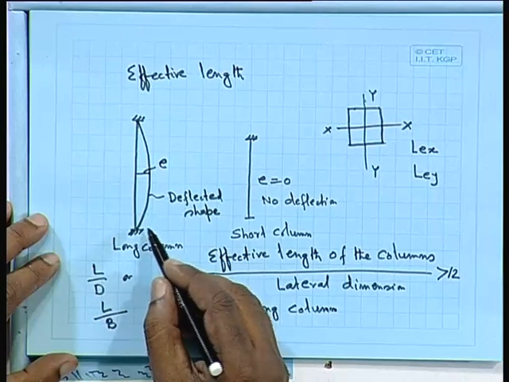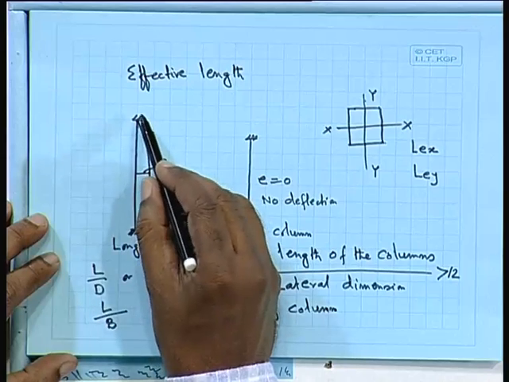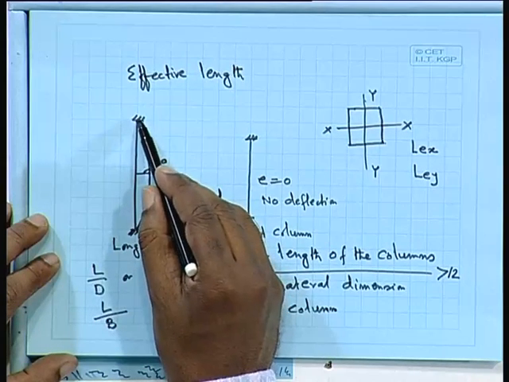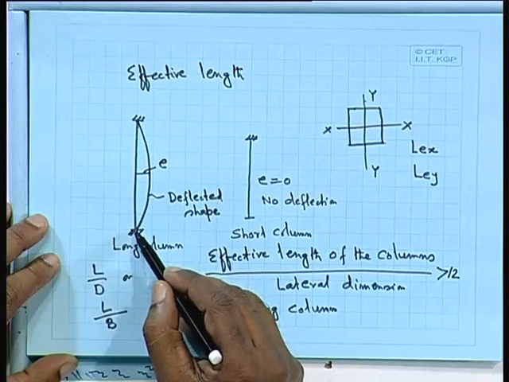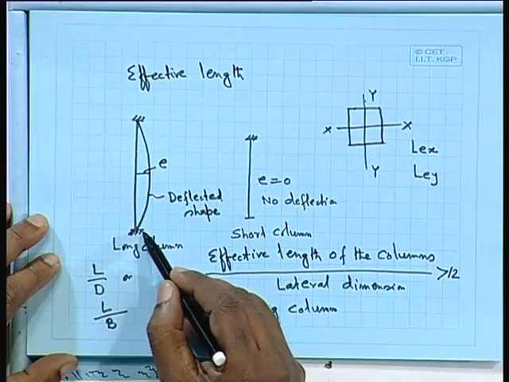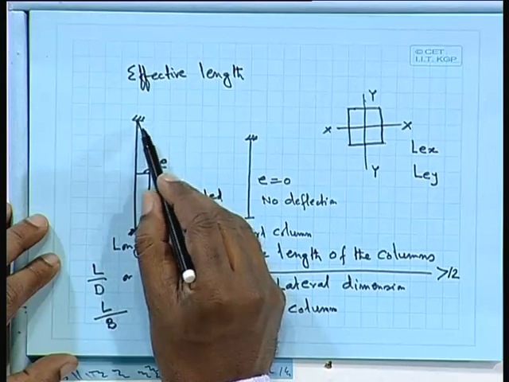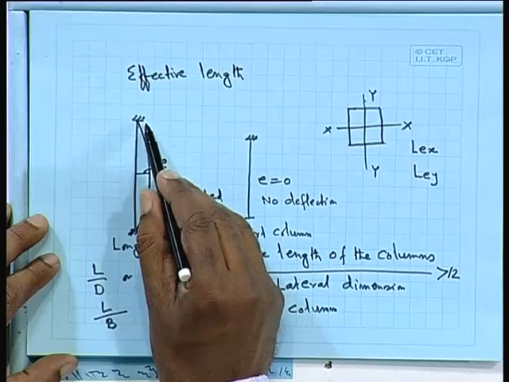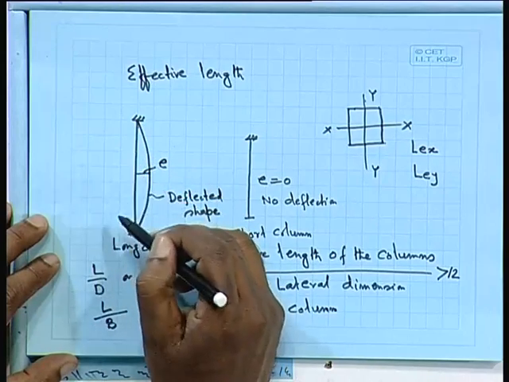Now, what we have to find out, we have already done from the IS 456 table, where different boundary conditions are given, different support conditions, say fixed with no displacement and no rotation, or restrained against rotation and displacement. There are so many conditions we have found in the table.